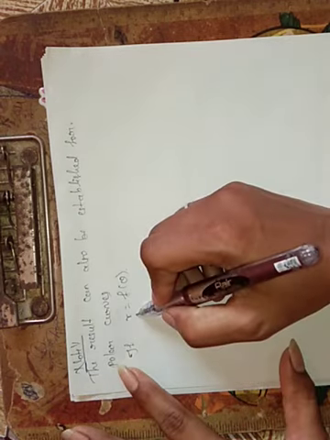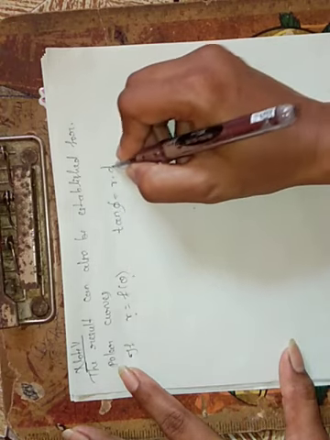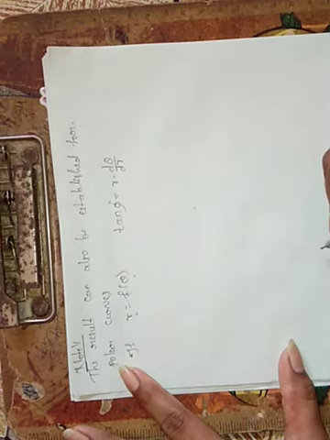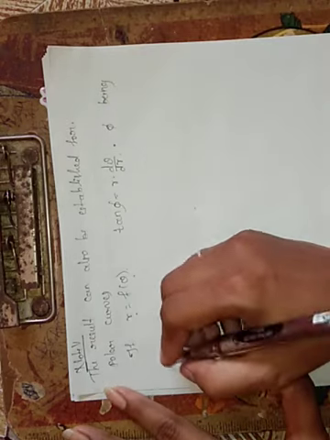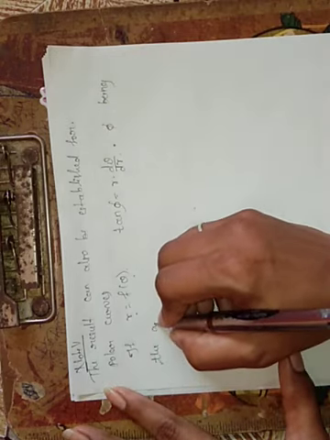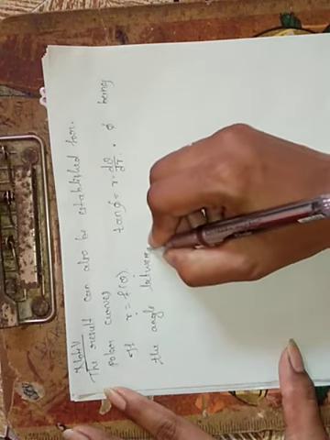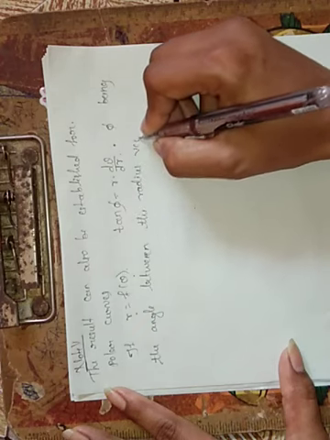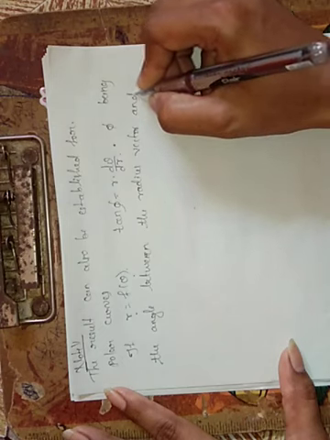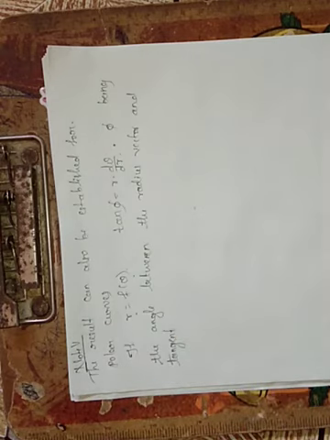If r equal to f of theta, we know that tan xi equals r into d theta divided by dr, where xi is the angle between the radius vector and the tangent.